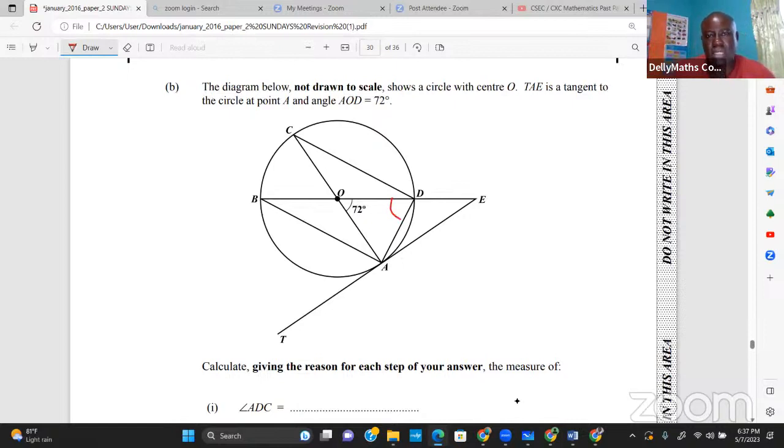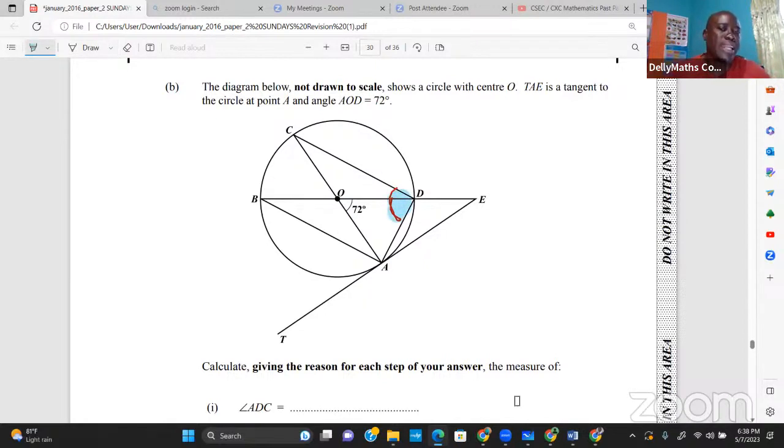Hold on, I think I'm doing AD. Let me look. ADC goes all the way to here. All of that angle, and let me put a little mark for all of that piece right there. That's ADC.